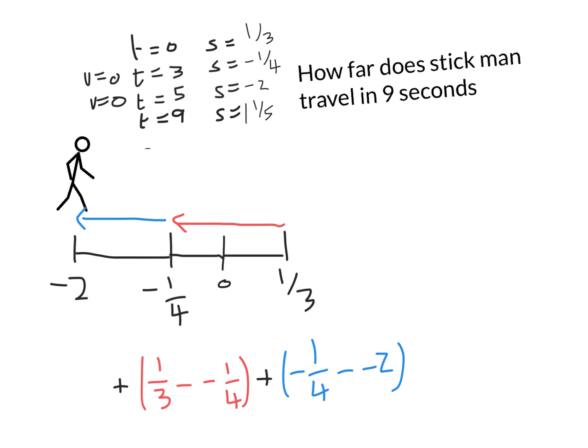Right, what happens next? After 9 seconds, he's at 1 1/5. So we need to get 1 1/5 on my diagram, and actually I'm going to write that as 6/5. Be nicer to work with, maybe.